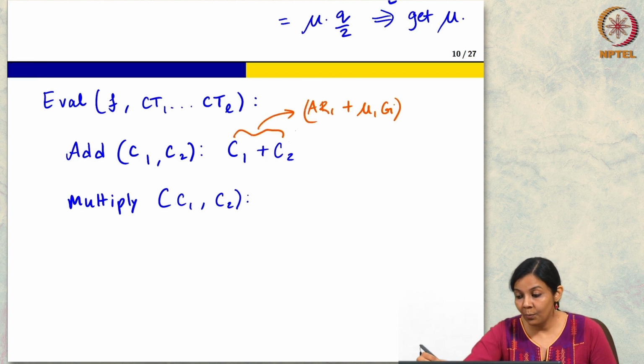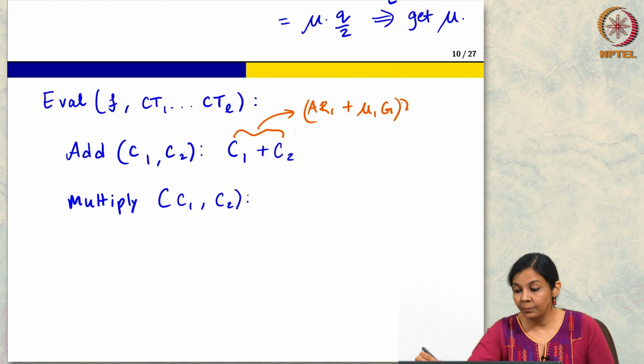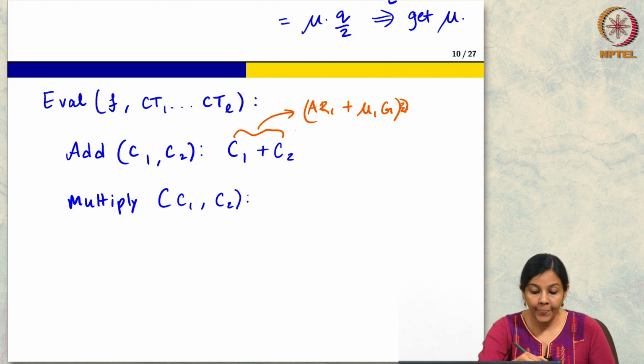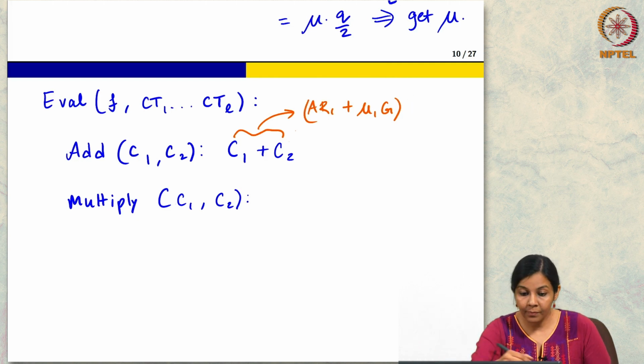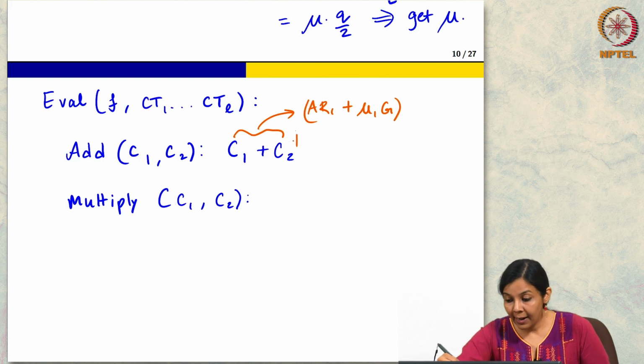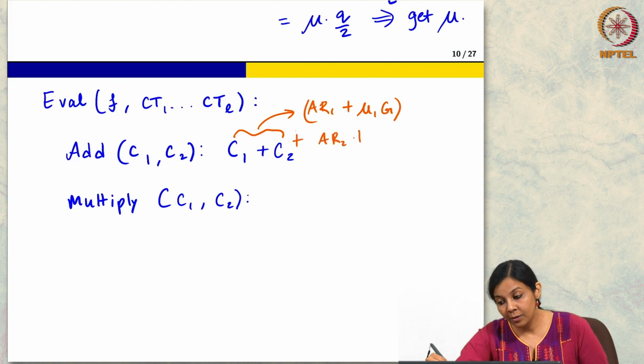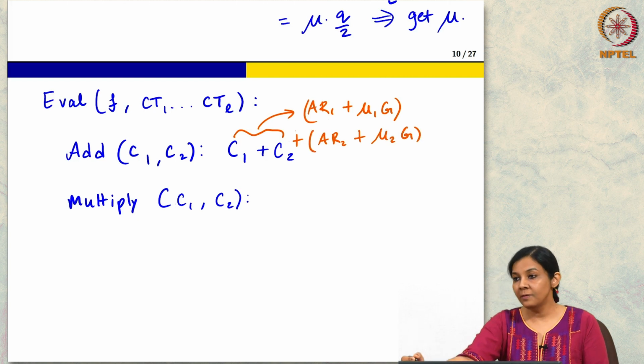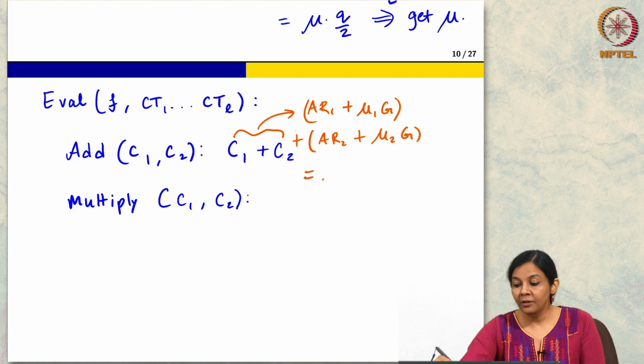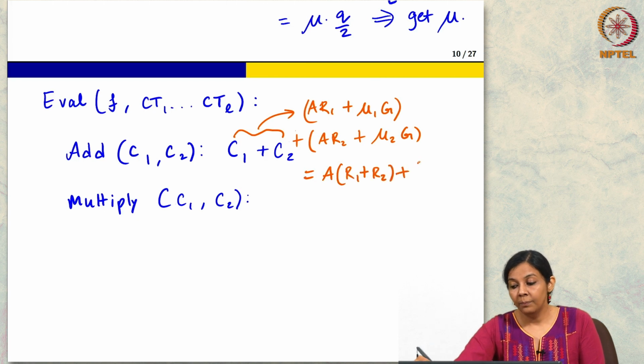AR1 plus mu1G plus AR2 plus mu2G, correct. This is what my ciphertext looks like. So, this is obviously A(R1 plus R2) plus (mu1 plus mu2)G.